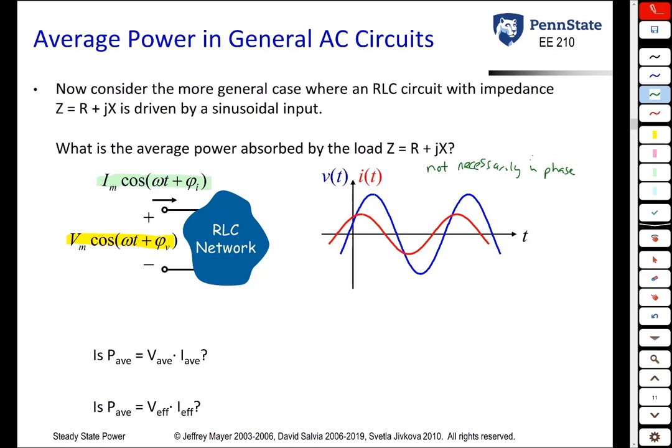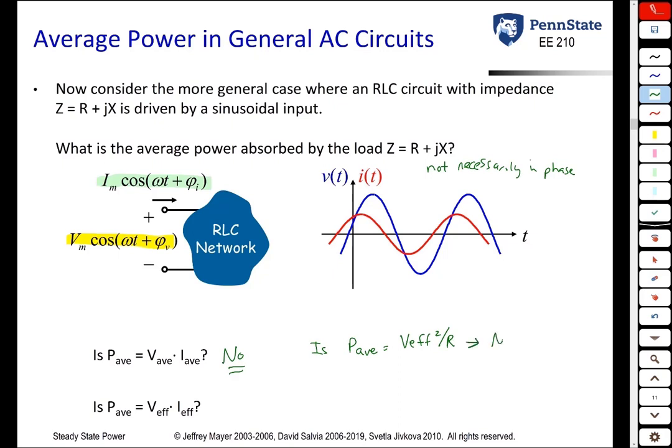The first thing you might ask is, is the average power simply the average voltage times the average current? This is far from the truth. Absolutely not. We saw that wasn't the case with a purely resistive load, and it certainly is not the case when you have a load that has a resistance in addition to some sort of reactance. Likewise, you might ask, is the average power absorbed equal to V effective squared over R?